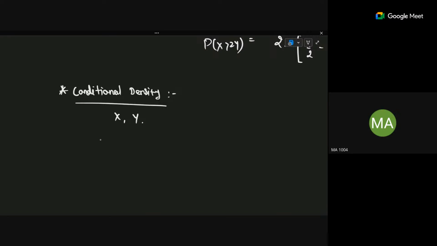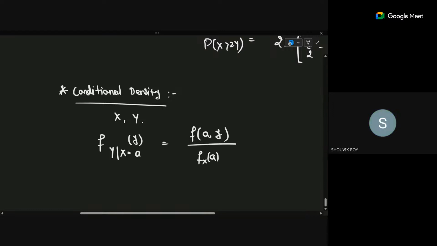Let's say I want to calculate the conditional probability that y is going to take a particular value y when x has taken value 1. This kind of thing is known as conditional density. And how do we solve it? Joint divided by marginal. Yeah, that is nothing but f of a comma y divided by Fx of a, right? Yes. That's it.